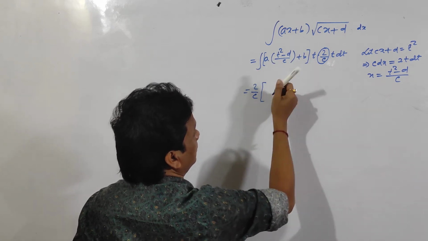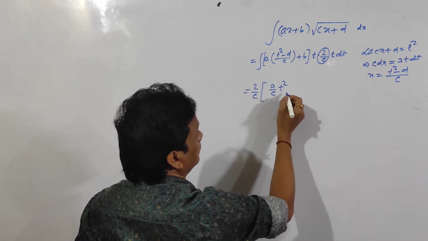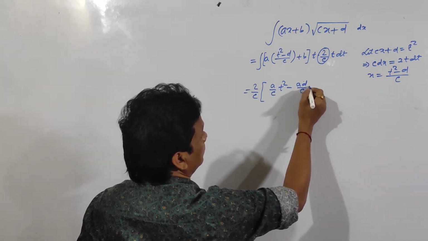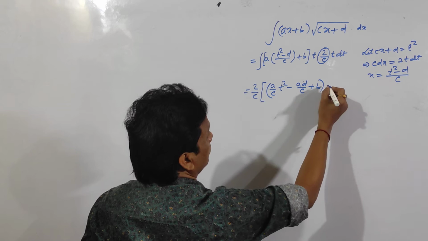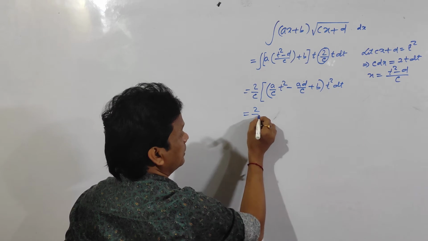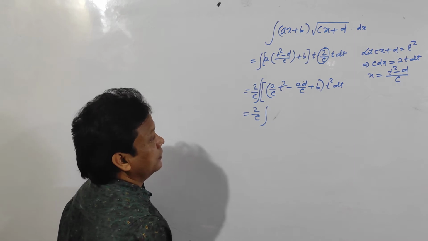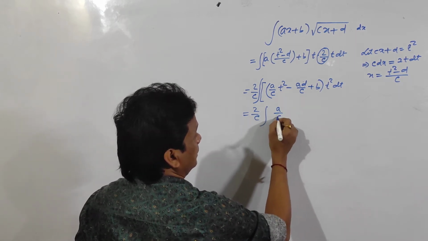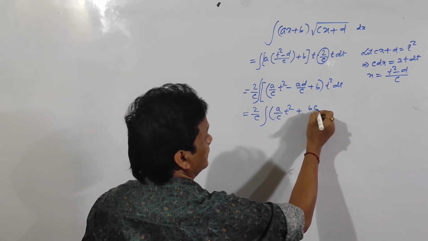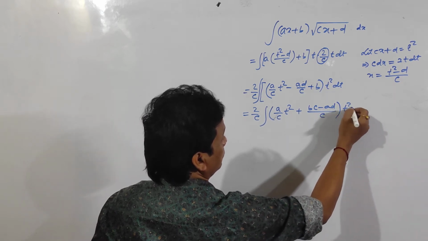Then simply separate it: (a by c t square minus ad by c plus b) into t into t square dt. I am writing in a systematic way. This is a by c t square plus, taking the LCM, (bc minus ad) divided by c, into t square dt.